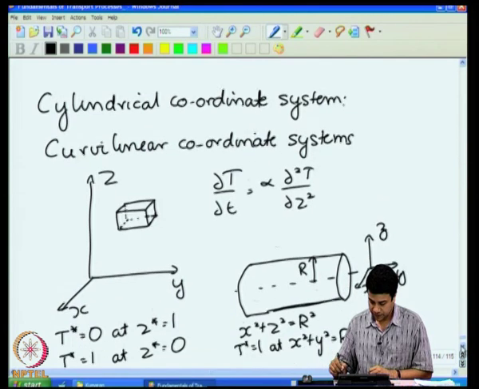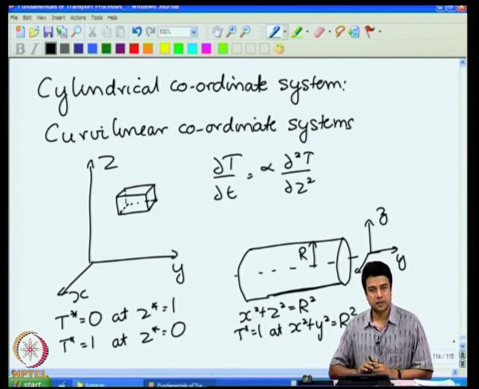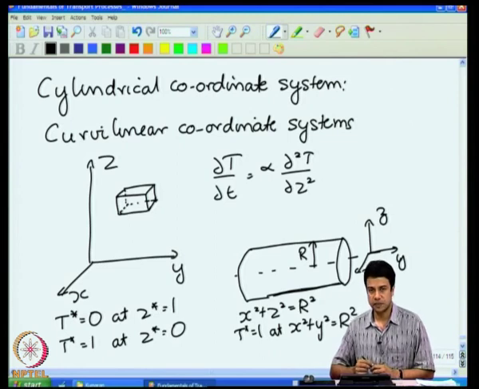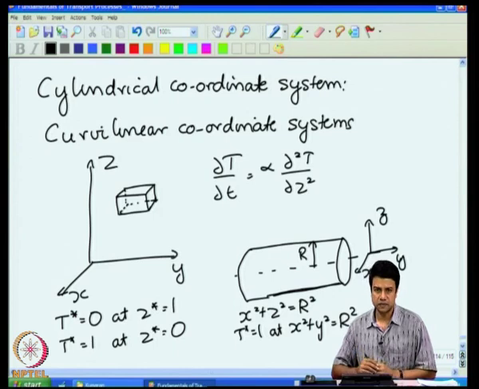In this Cartesian coordinate system, the shell, the differential volume that I write my differential equation for, was bounded by surfaces of constant coordinate. The top and bottom surfaces are constant z, the left and right surfaces are constant y, and the front and back surfaces are at constant values of x.